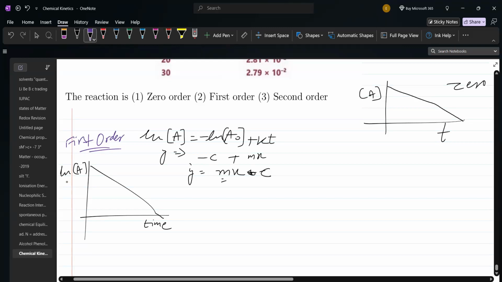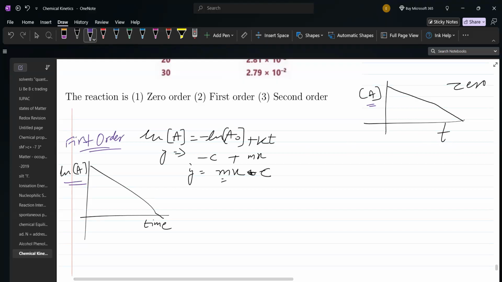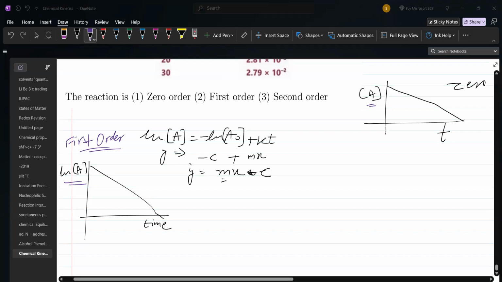So first order reaction will be log of A, and for zero order it will be only A versus T. So try to compare, and you will get the correct answer every time.